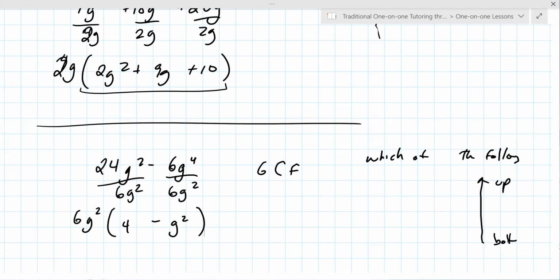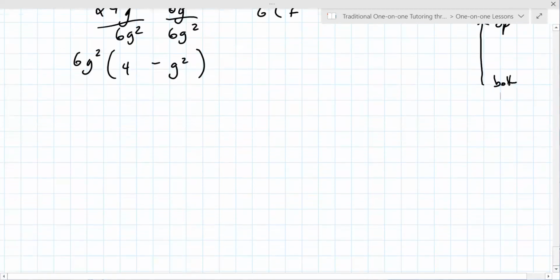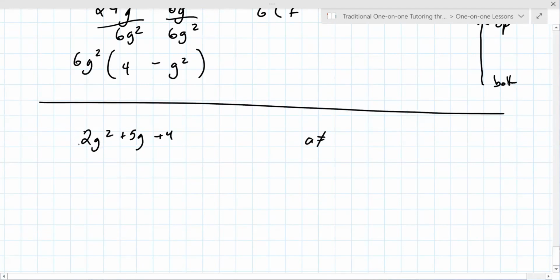But it also makes sense because you can't really divide 2, 5, and 4 by any number. But remember, it could be a different method. What you're supposed to do with this one is, because it's an a not equal to 1, meaning this first one is not 1, take 2 and 4 and multiply them, and then write all the factors and see if any of these add up to 5.